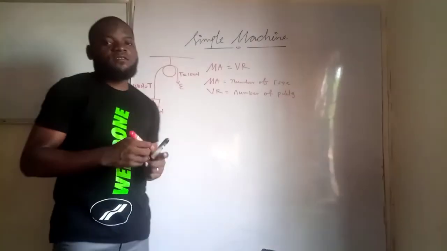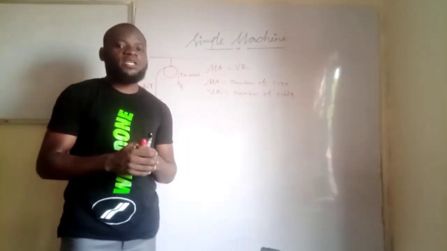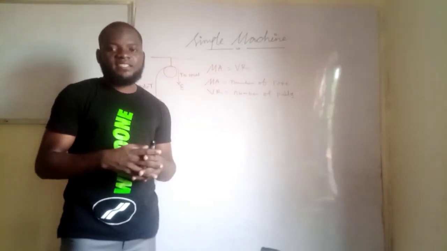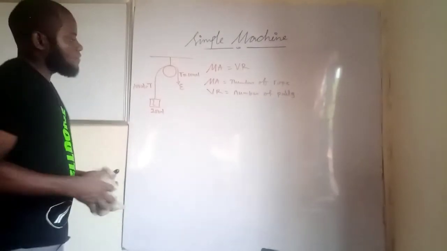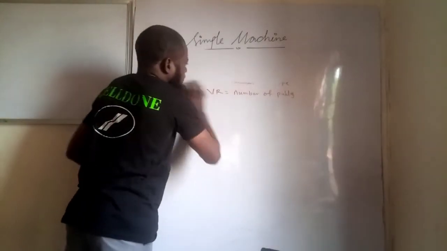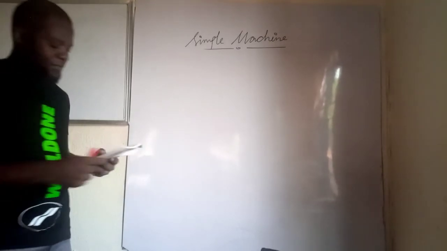Now, what if the pulley is a movable one? How do I calculate my mechanical advantage and my velocity ratio? Let's quickly consider this diagram here.